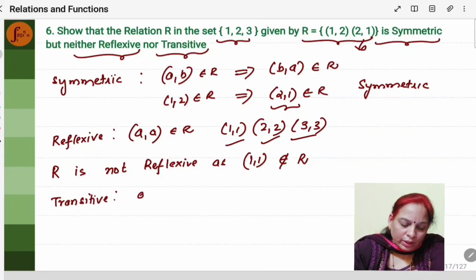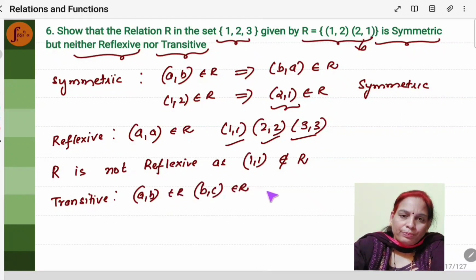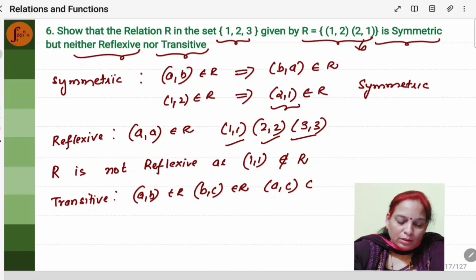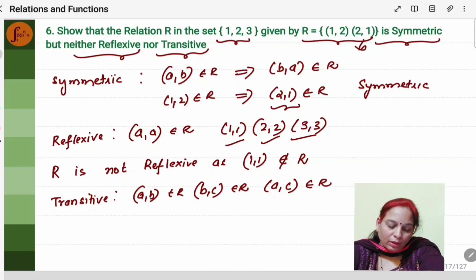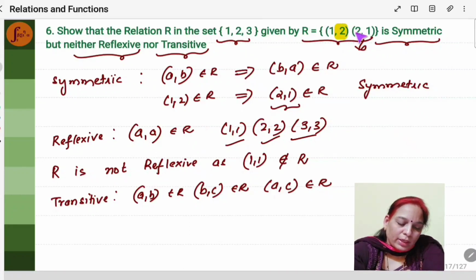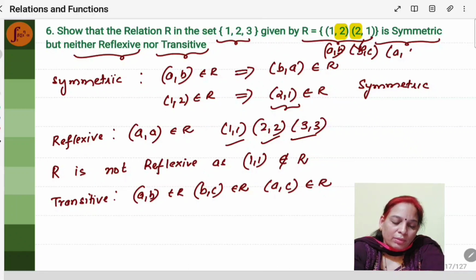What does it indicate? A comma B belongs to R, B comma C belongs to R, A comma C should belong to R. Now we have only 2 ordered pairs, 1 comma 2 and 2 comma 1. If you notice here, the second element is the same, so you can take it as A comma B and B comma C. Now this should imply A comma C. What is A here? 1.